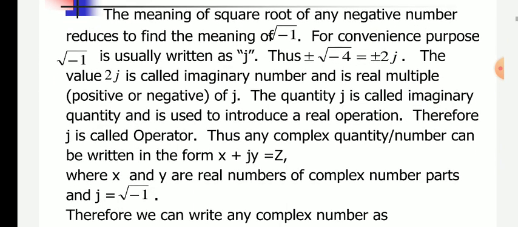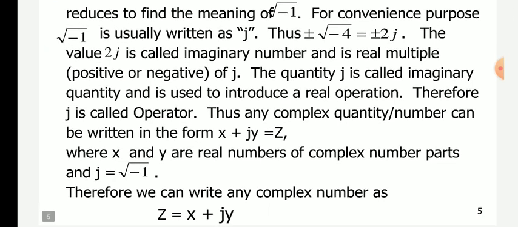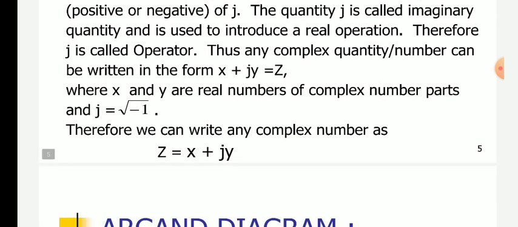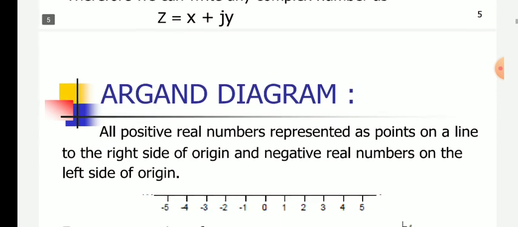The complex quantity or number can be written in the form x plus jy, that is equal to z, where x and y are real numbers and j is square root of minus 1. Therefore, any complex number can be written as z equals x plus jy.